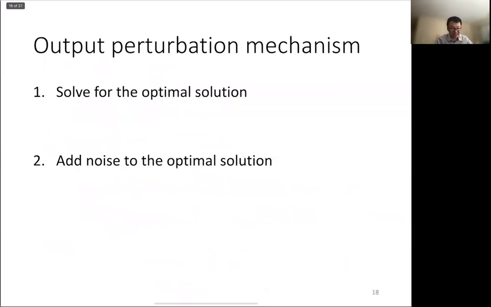Okay, so again, the algorithm for output perturbation is to first solve for the optimal solution by optimizing the regularized objective function, plus some artificial regularization term that we inject.